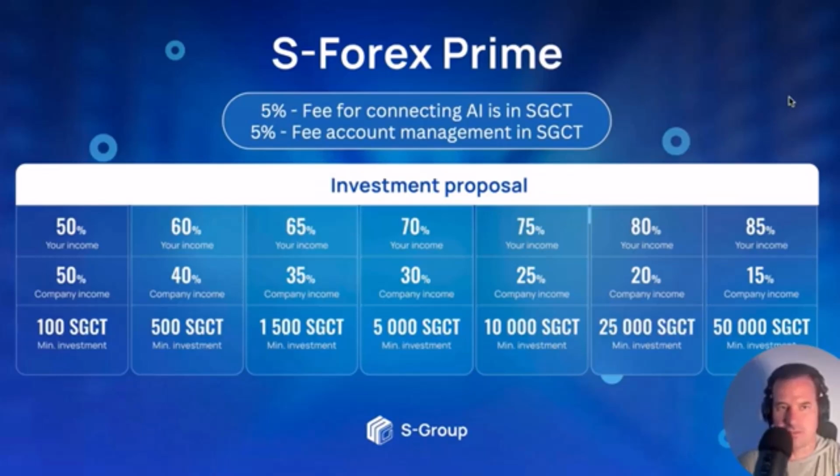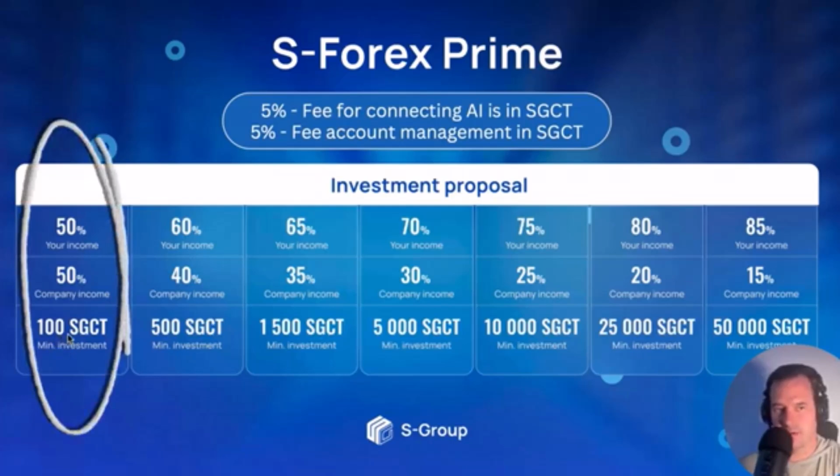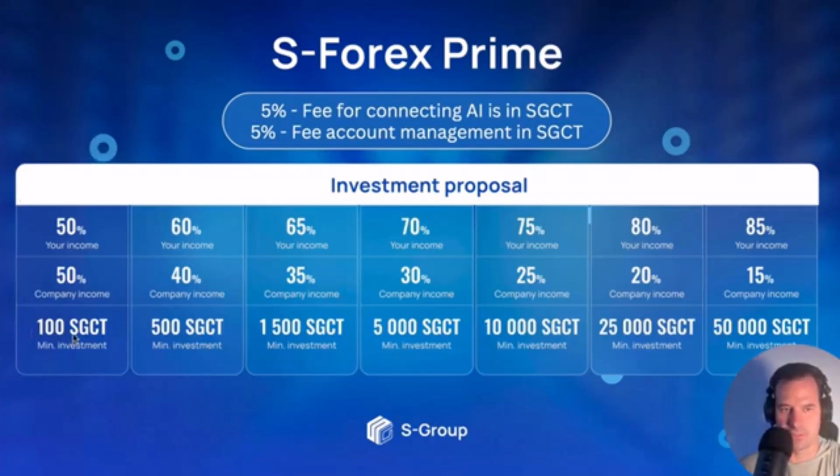Okay. Investment proposal here. So this is basically the members split with the company split. So this is how S Group basically makes money to pay out their referral rewards and the commissions and also paying staff and all that kind of stuff there. So as you can see here, if you were to come along and invest 100 in the investment, so if you just put $100 in S-Forex there, in SGCT, you can also do SGCT and, as it says on the last 2 slides ago, I believe it was, SGCT and SWCT, the 80-20 there.